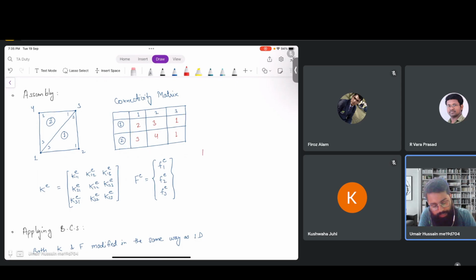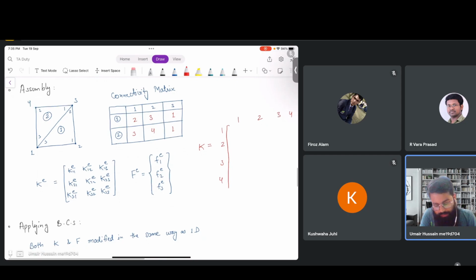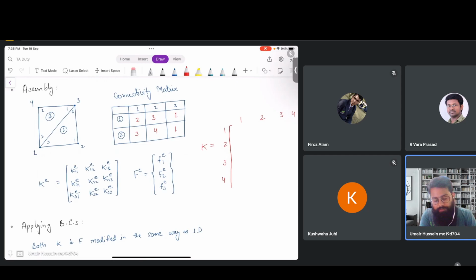If we are defining a global matrix, since the total number of global nodes is four, you'll have four rows and four columns. We'll start with K33. K33 would have contribution from how many elements?